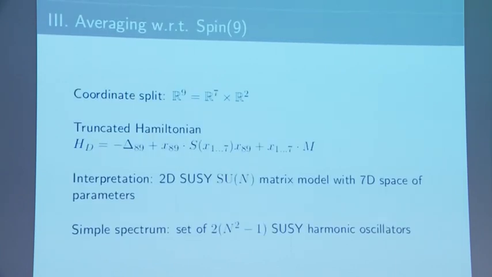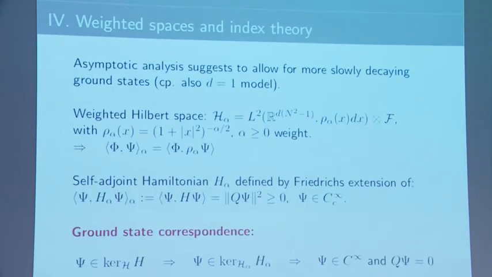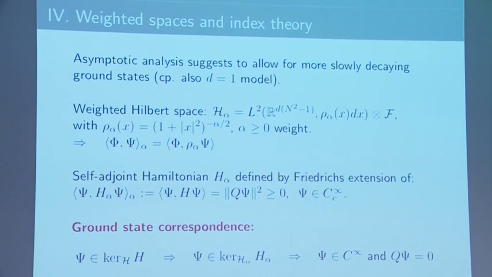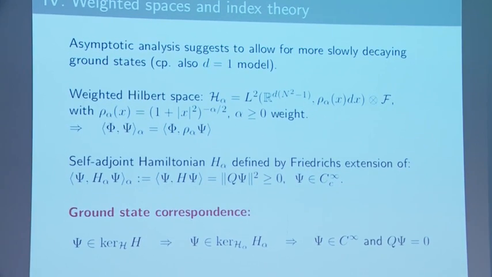Then there is the averaging. I will maybe not say so much about this. What I can say, so I have 3 minutes. Okay. So maybe I can say a little bit about this weighted approach. As I mentioned, the asymptotic analysis suggests allowing for more slowly decaying ground states.